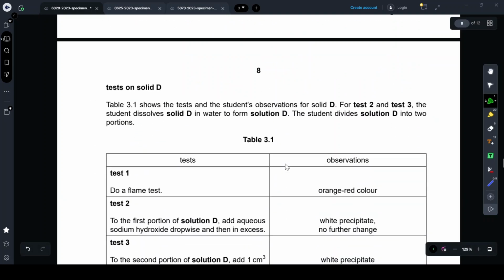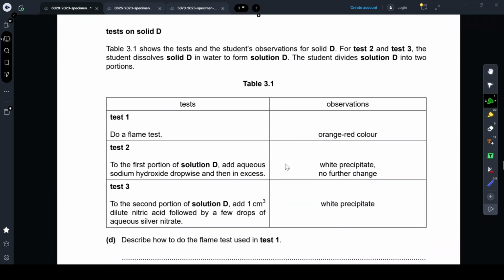Okay. Now, solid D. They are not telling us what solid D is, so we just need to go with the tests. Table 3.1 shows the tests and the student's observations for solid D. For tests 2 and 3, the student dissolves solid D in water to form a solution and divides solution D into two portions.